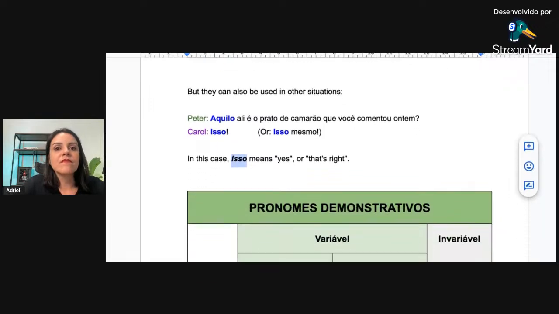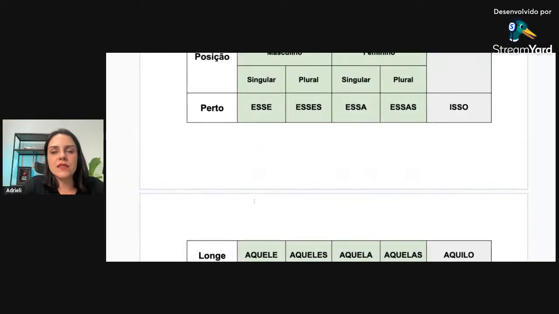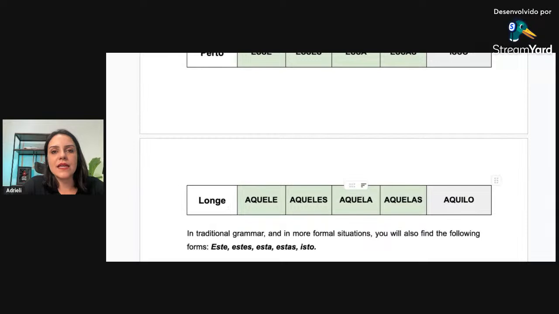Okay? All right. So we have those that vary, so masculine and feminine, singular, plural. So esse, esses, essa, essas. E o invariable, isso. When it's close to us, we use this. And when it's far, we use aquele, aqueles, aquela e aquelas. Okay?